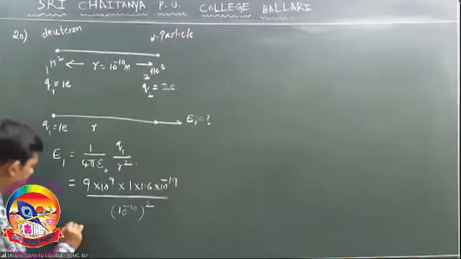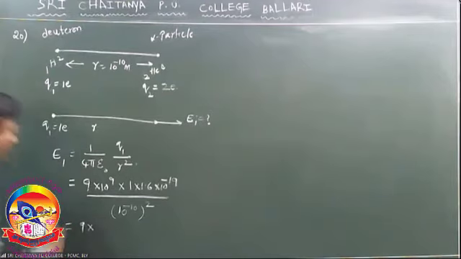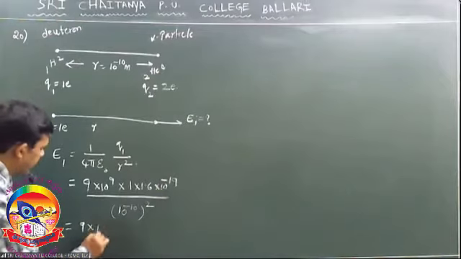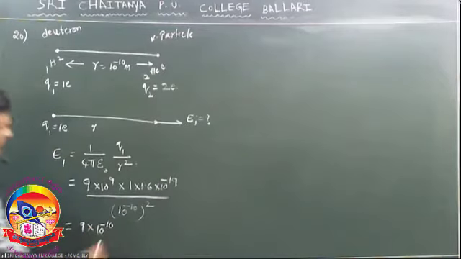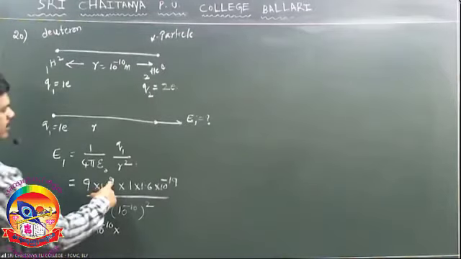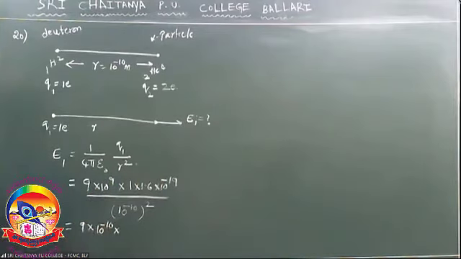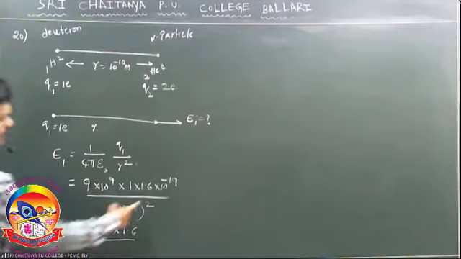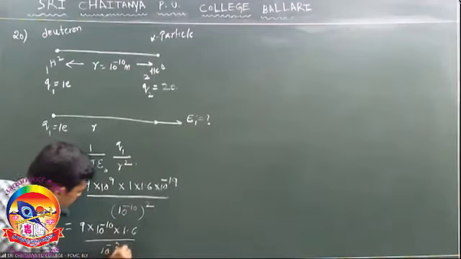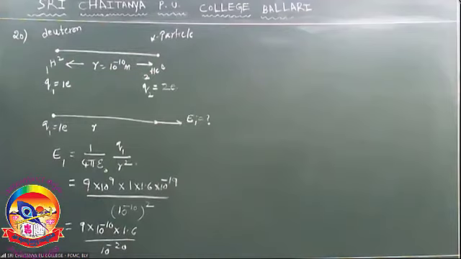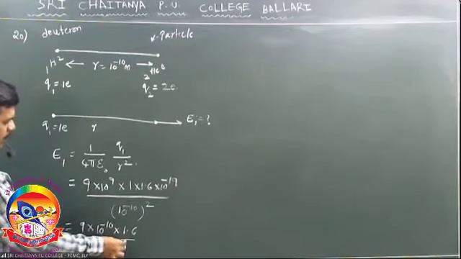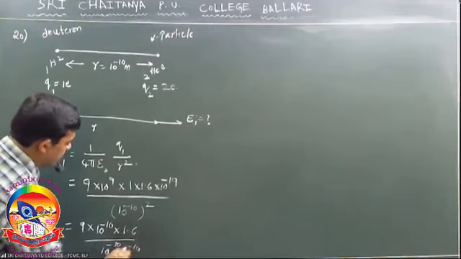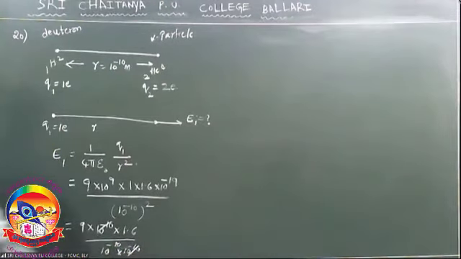Right? Then 9 into 10 power 9, 10 power minus 19 gives 10 power minus 10, 9 minus 19, minus 10 into 1.6 by 10 power minus 20, right? Here 10 power minus 20, can we write 10 power minus 10 into 10 power minus 10? 10 power minus 10 gets cancelled.